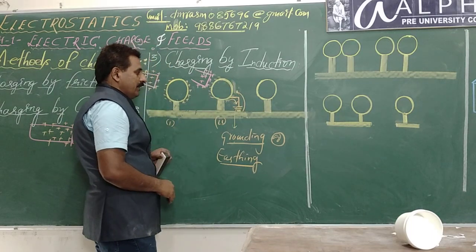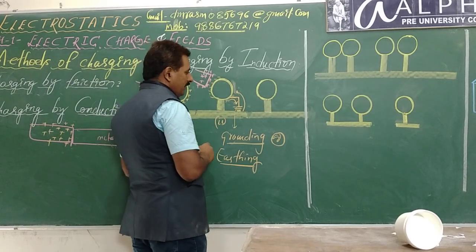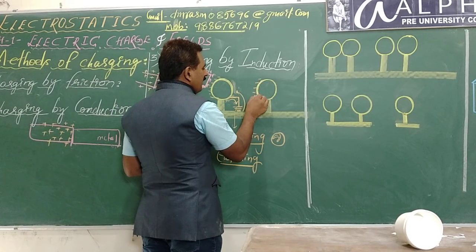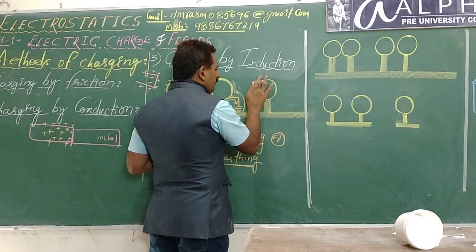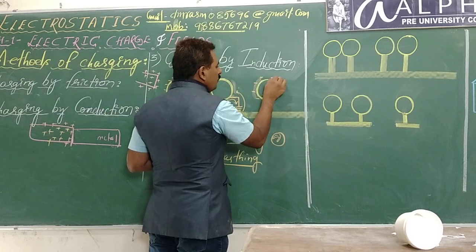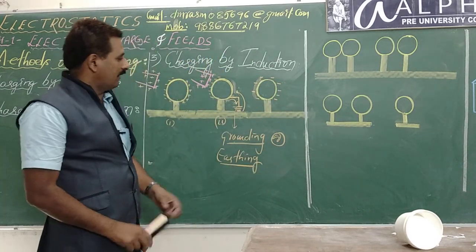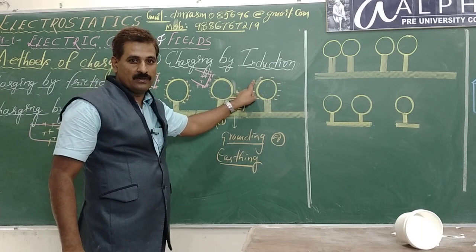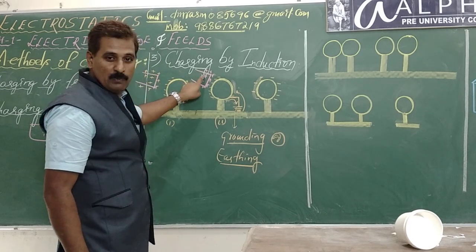Only negative remains. Now you remove this grounding and take the charged body away. What happens? These negative charges, which were here in the presence of the charged body, now get distributed uniformly all over the surface. Now this conductor is charged, negative in nature, while the charged body used was positive.